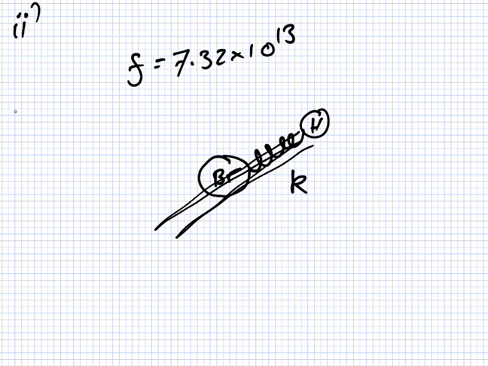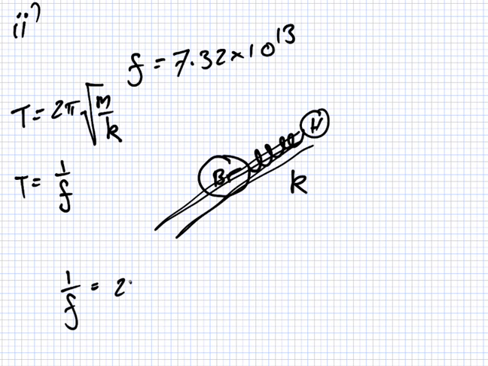Okay, so let's write down the formulas we know and see if there's one useful to us. We know that T equals 2 pi root m over k. And we know that T equals 1 over f. Yeah? So in fact, I think I can put these together to get the formula for k. So you can have 1 over f equals 2 pi root m over k.